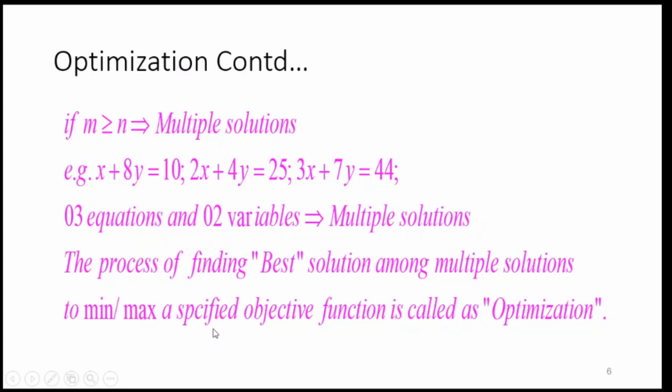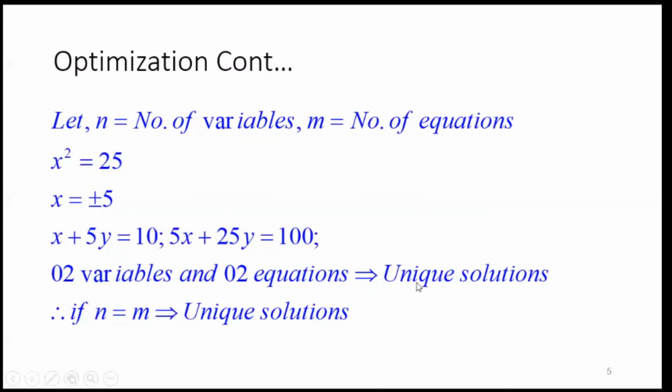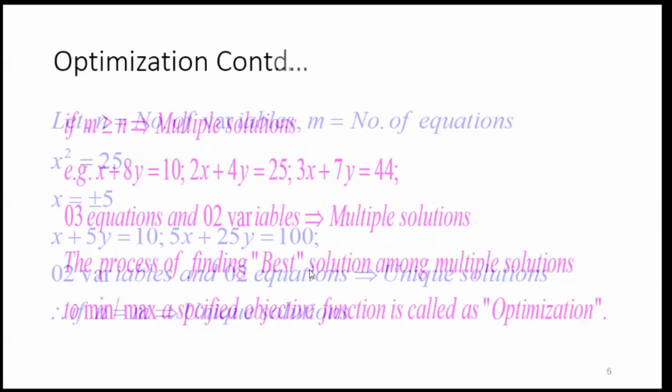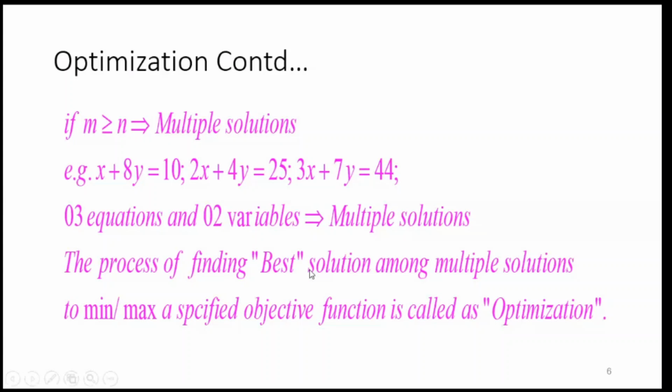So we want to minimize the cost, or maximize. Suppose I want to maximize the social welfare. In that case, the objective function is the maximization of the social welfare. So minimizing or maximizing a specific objective function is called optimization. Optimization is one step ahead from the case in which the number of variables and equations are the same.